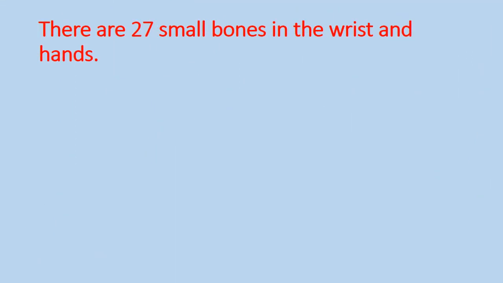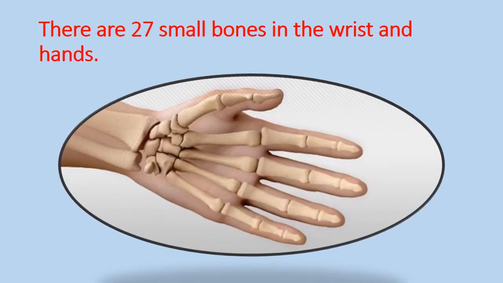The bones of the hand and wrist provide the body with support and flexibility to manipulate objects in many different ways. There are 27 small bones in the wrist and hand.